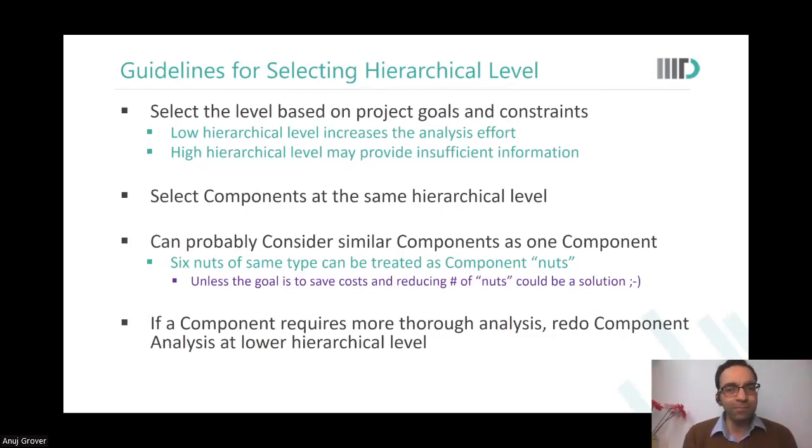Where is the system failing? You need to go slightly deeper. You go to a lower hierarchical level and see where the system is failing. Only then you will be able to solve the problem. Again, as I already mentioned, you have to ensure that you select components at the same hierarchical level only. You cannot have alternator and electrodes of a battery in the same component analysis.